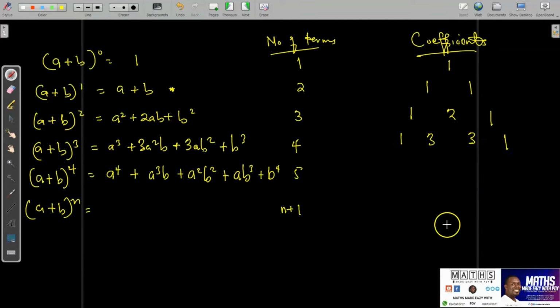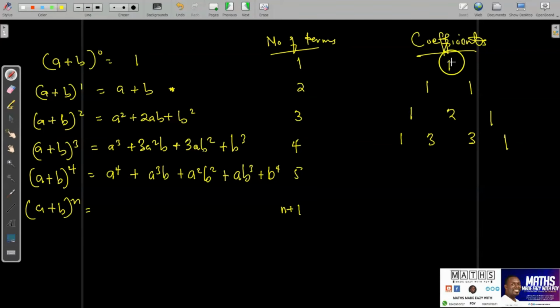Thank you. Now watch something here. As I said, it is not magic. We are going to generate the coefficients of a plus b to the power 4. Are you ready for it? Yes, sir. Okay, so here it is. Watch. This is how the coefficients are going to be generated.